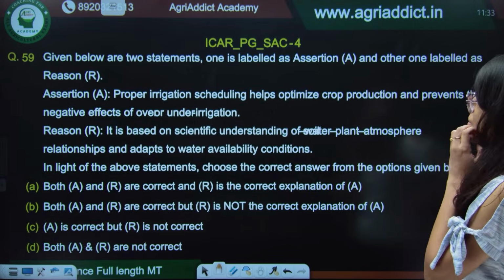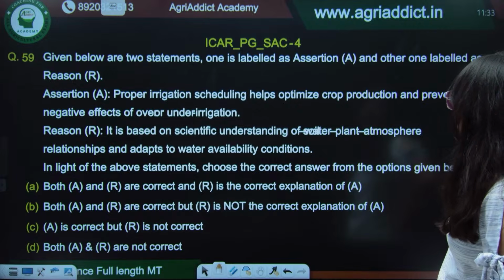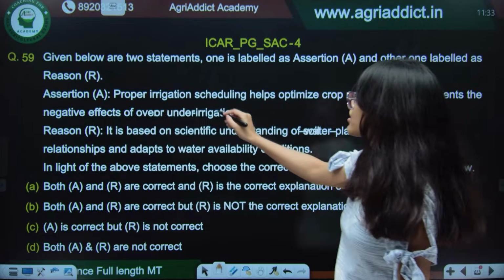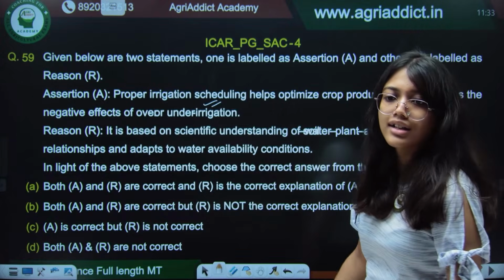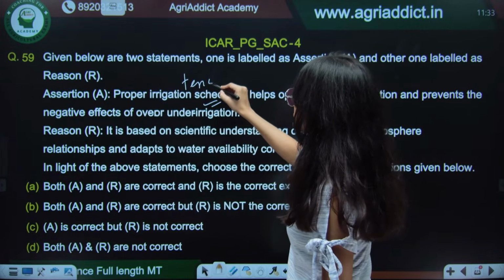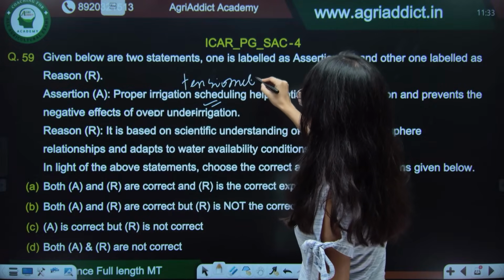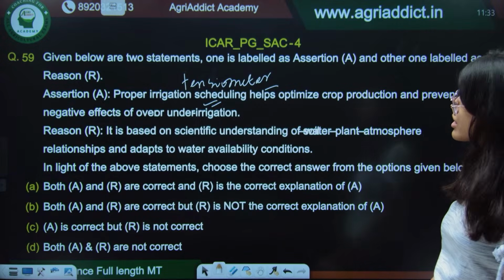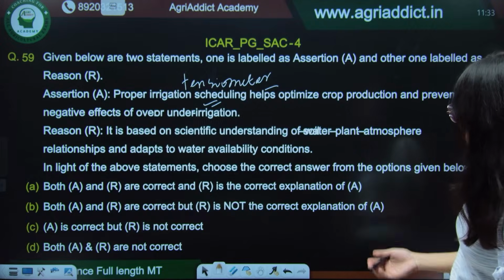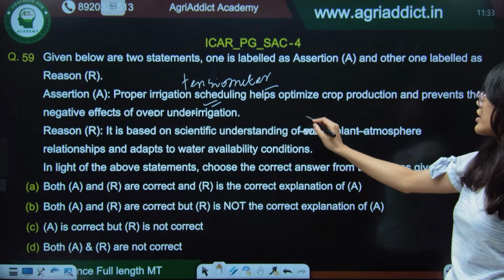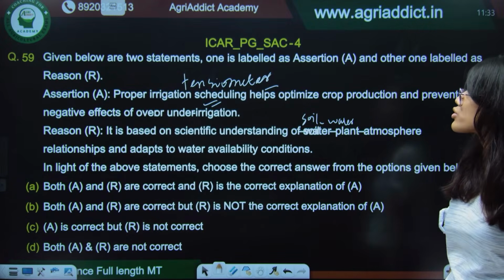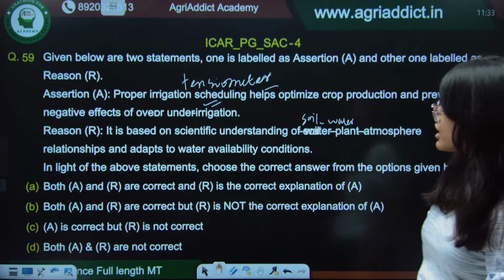Next, proper irrigation scheduling helps optimize crop production and prevents the negative effects of over or under irrigation. This is very true, and irrigation scheduling is generally done with the help of a tensiometer. If you do proper irrigation scheduling, your water use efficiency will increase, and it is based on scientific understanding of soil, water, plant and atmosphere relationships, and adapts to water availability conditions.